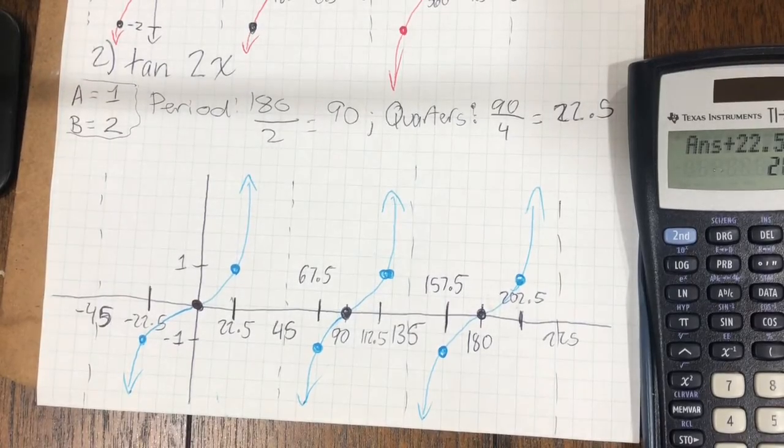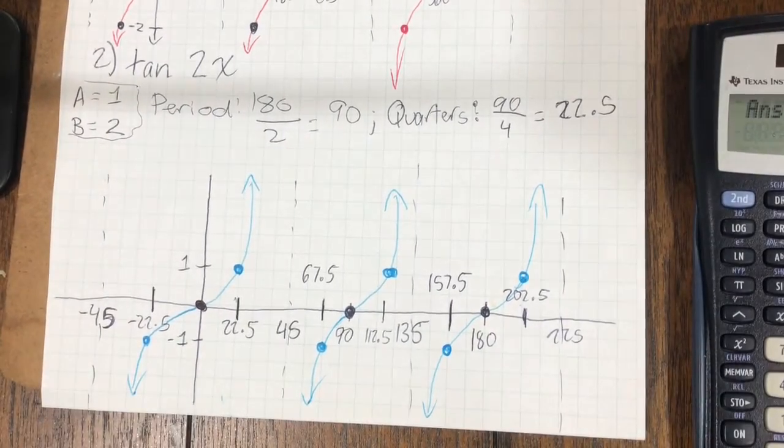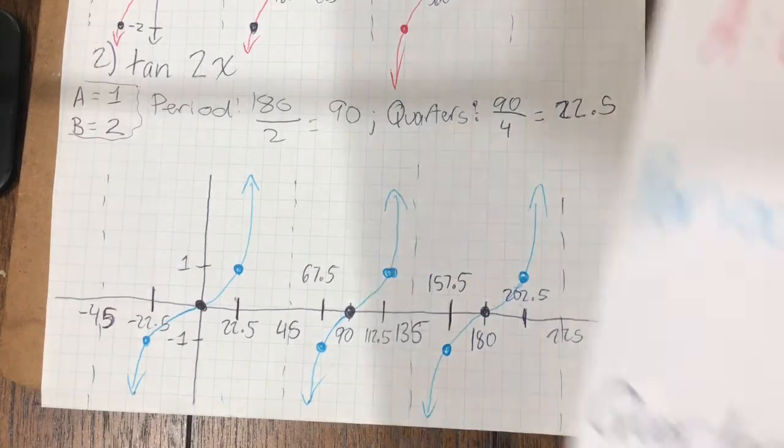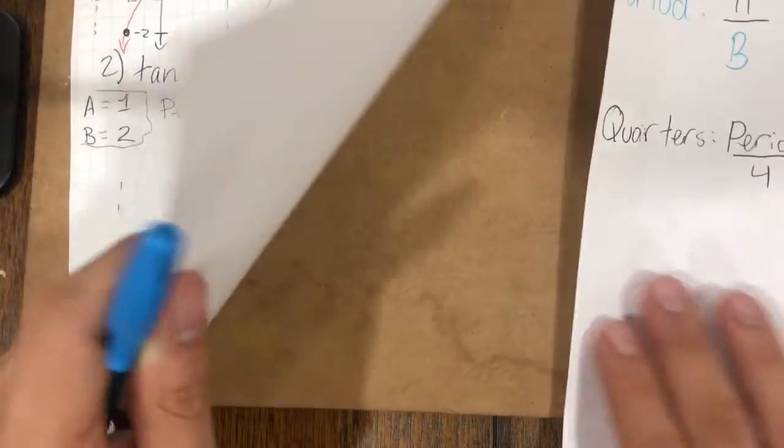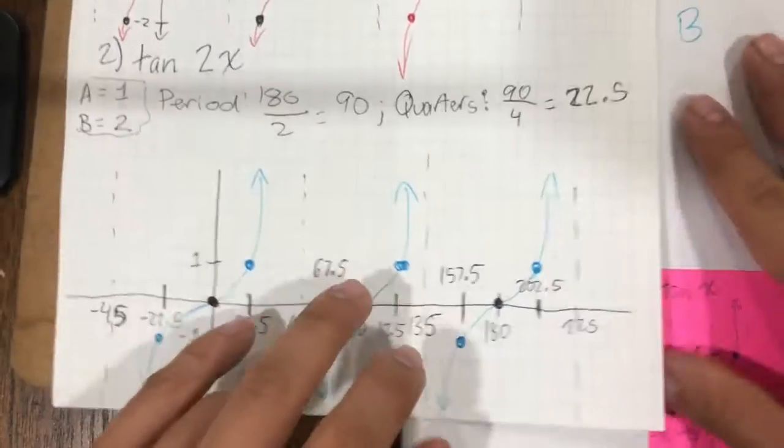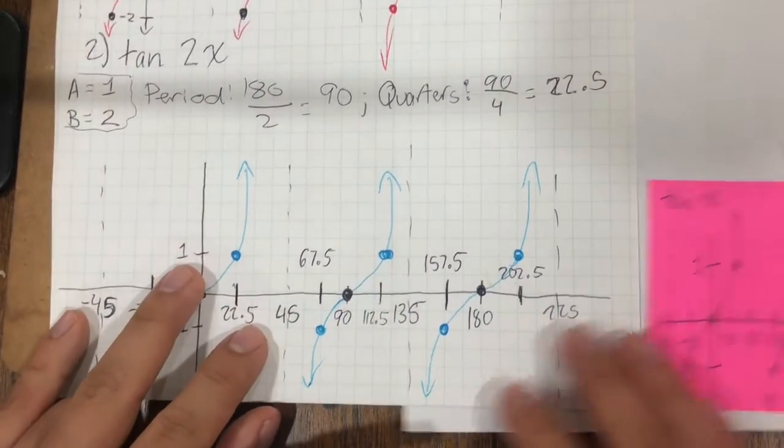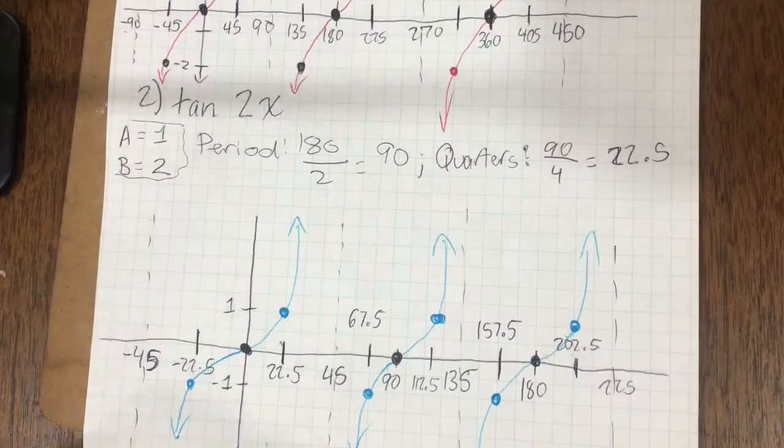We have number 2, which is tan of 2x. And if we were to compare the original graph for tangent to the new graph, we definitely do see, let me pull this up.